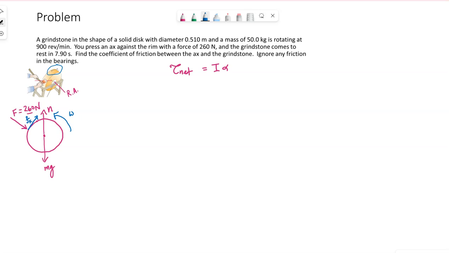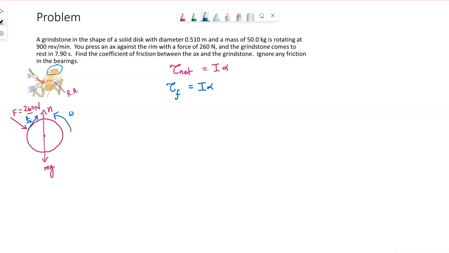So the only force causing a torque on this disc is friction. There's other forces, of course, but they're not producing torque, so they're not directly contributing to rotation.